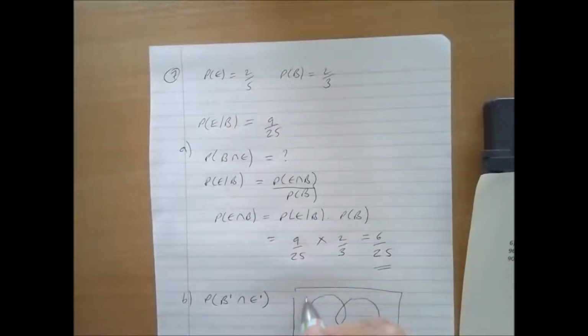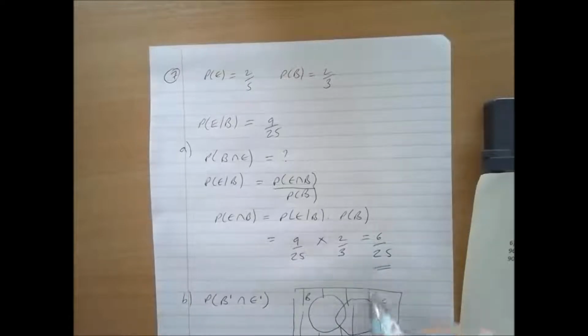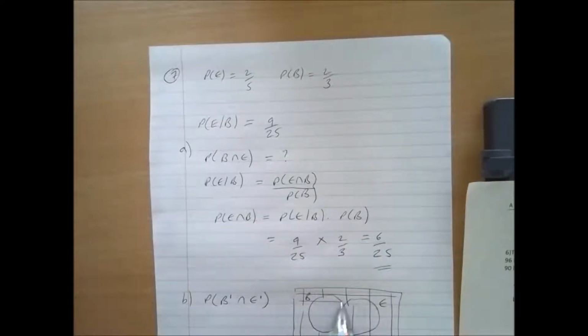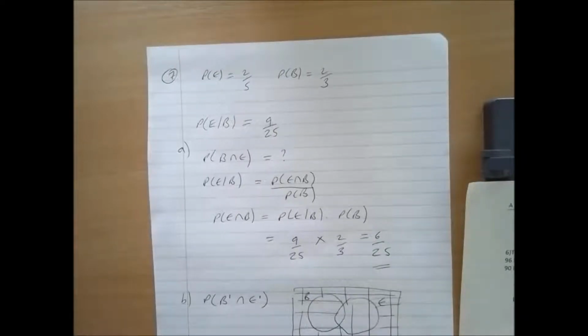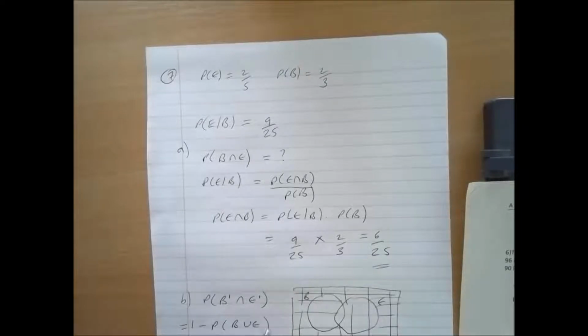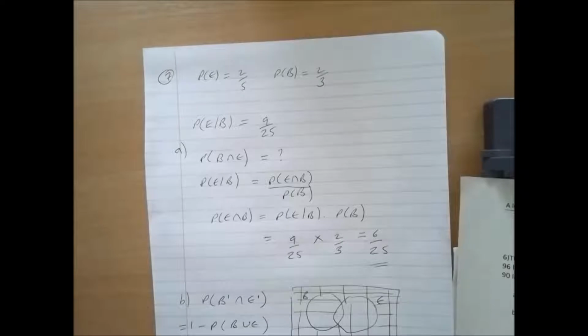If we've got those two sets, B and then E, not B is anything not in B, so that's anything outside circle B. Not E is anything outside E, so anything outside circle E. So the intersection of the two is where I've got the two colours, which is obviously the outside piece. In other words, 1 minus the union. So if I can work out the union, then I can work out 1 minus the union.